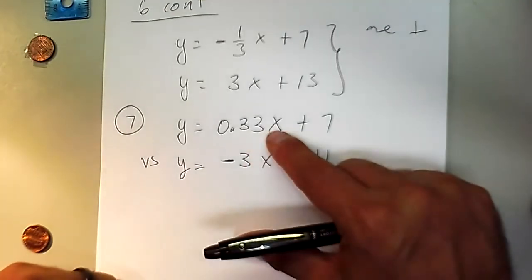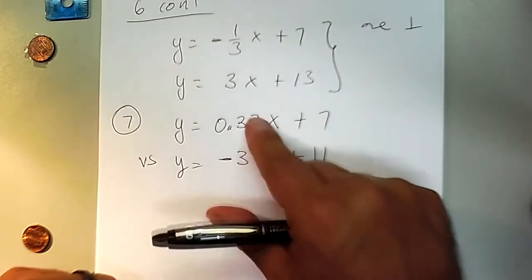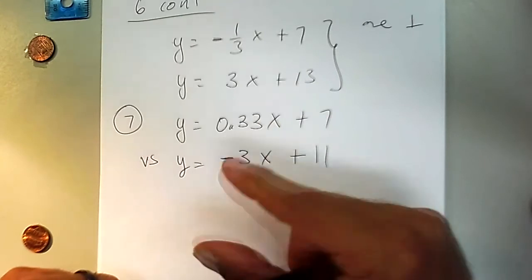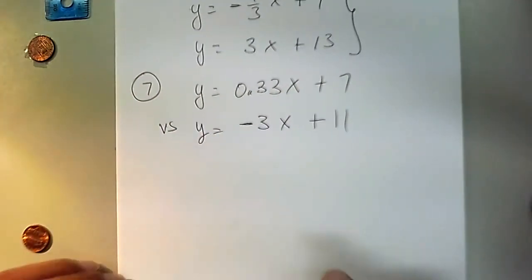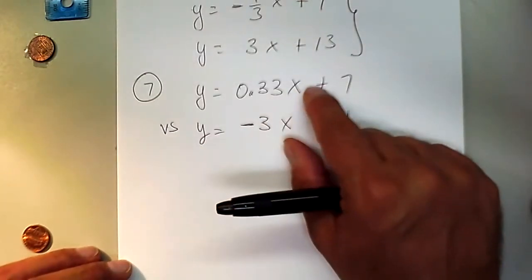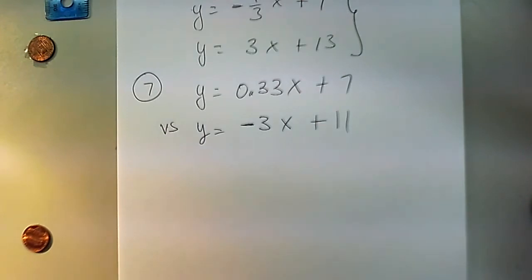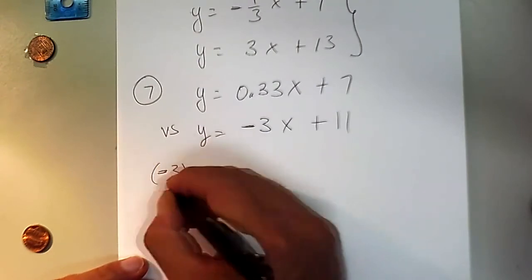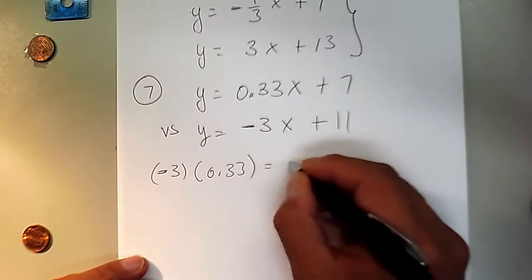Somebody could say, wait, that's like a third, and this is 3. So when we multiply 3 times a third, we get 1, and this is negative, so we get -1. So yeah, nope, that would be wrong. They're close, but we're not asking whether they're close. We're asking whether they are perpendicular or not. So -3 times 0.33 is not -1.